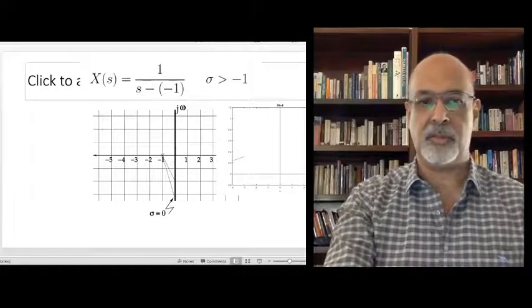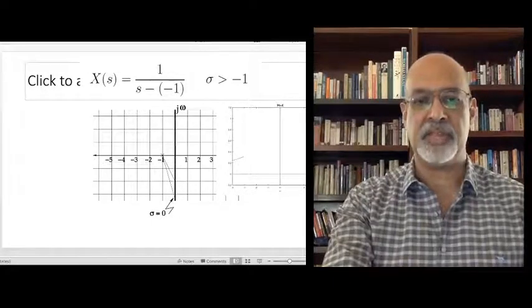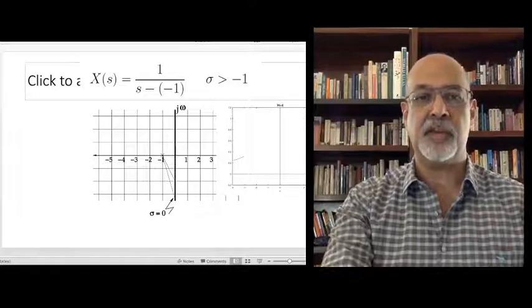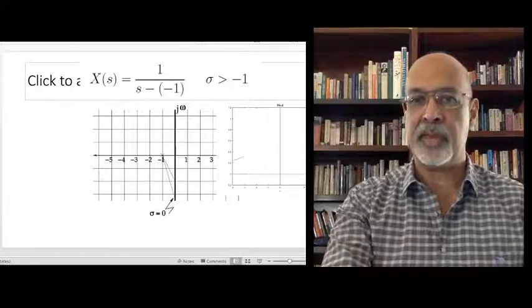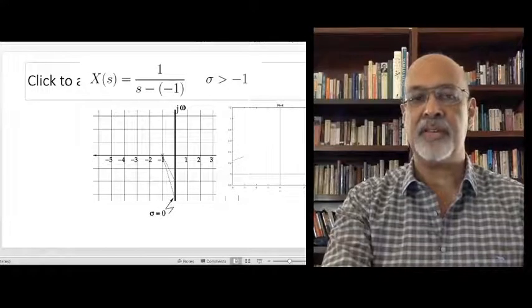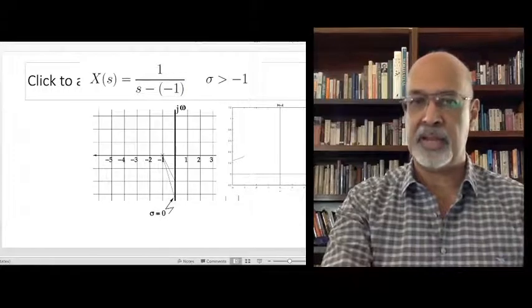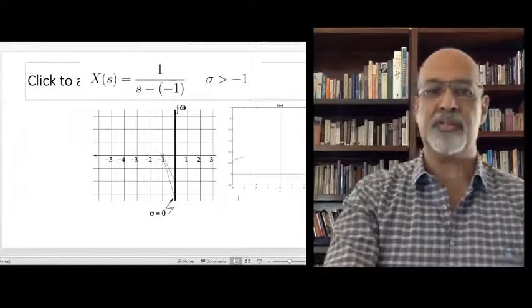If I want the transfer function of this, I need to travel up and down the j omega axis. As I move up and down, I'm going to see what the distance is between the point I'm at and the pole, and that's going to determine what my transfer function looks like.